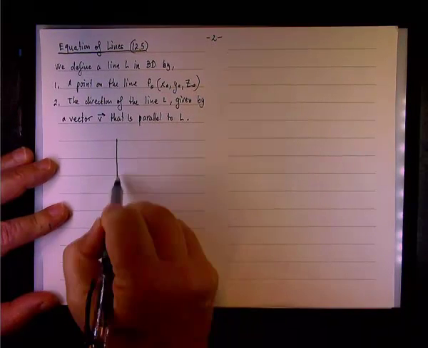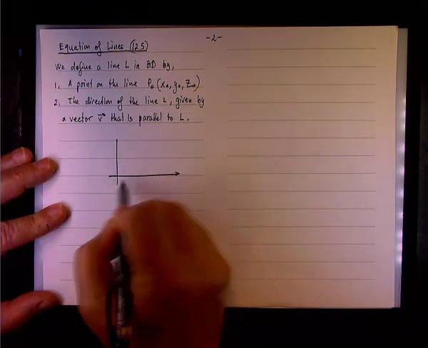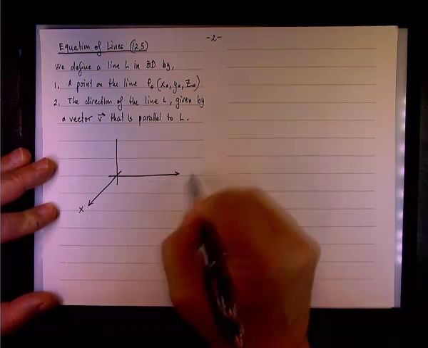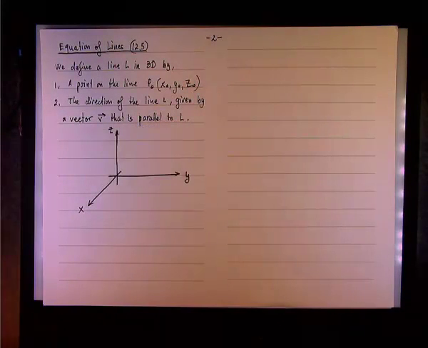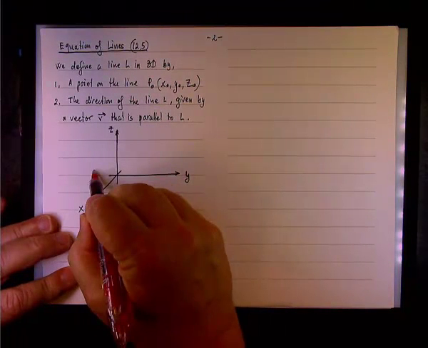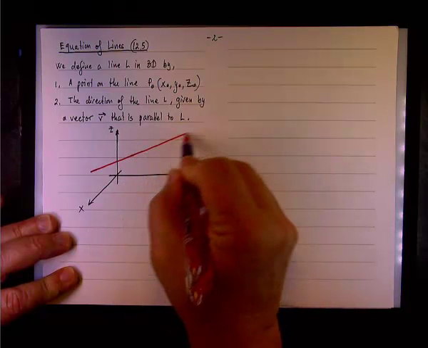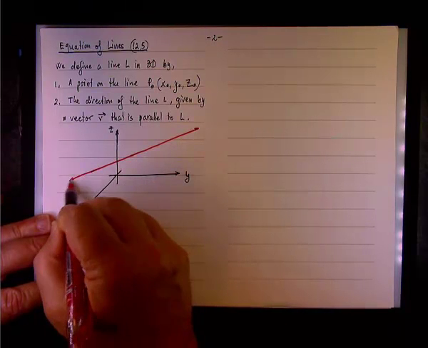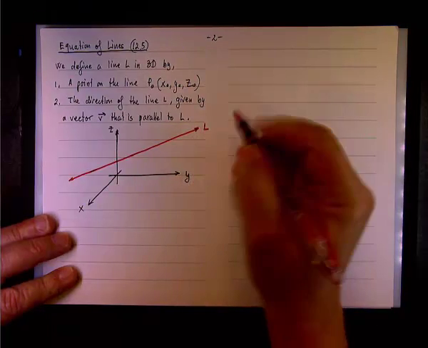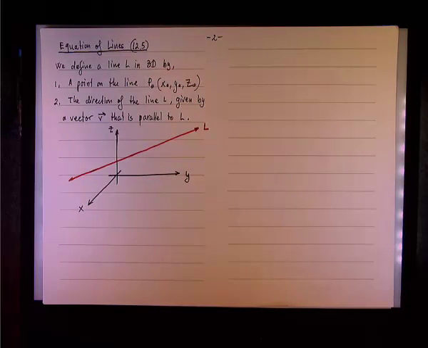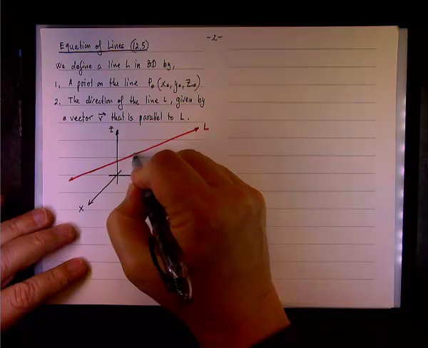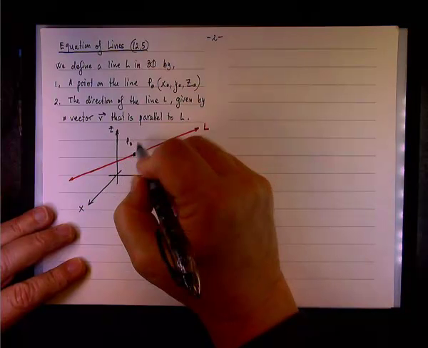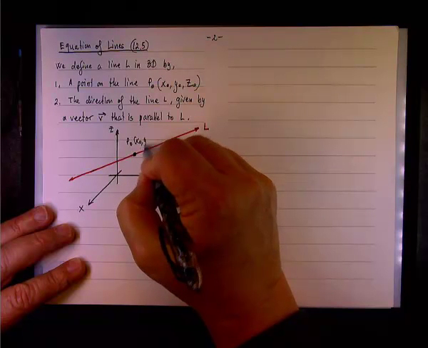I think I'll draw it, and this will illustrate what I'm talking about. So let's draw a coordinate system with x, y, and z like so. And in red, I'll draw a line in space at random. Let's say this is the line L. On the line, I'll pick a point that will help me define the equation of the line.